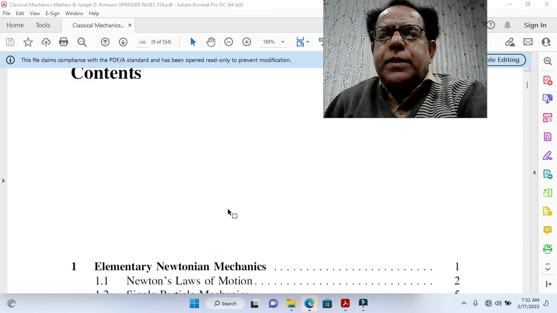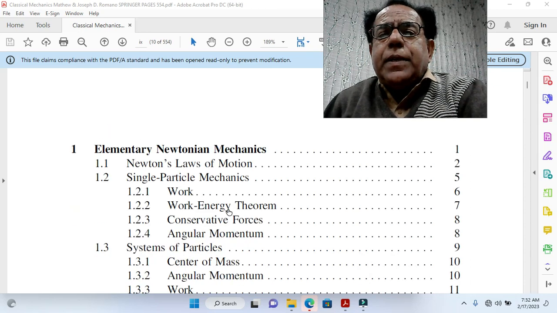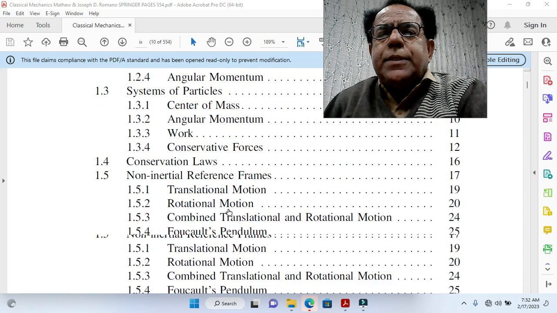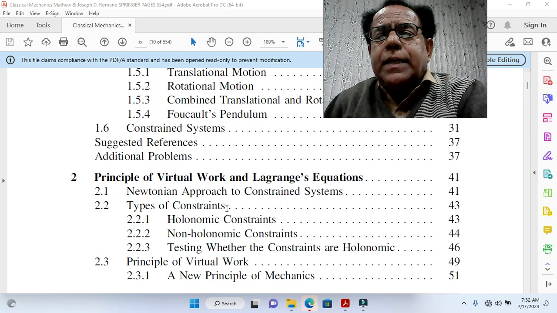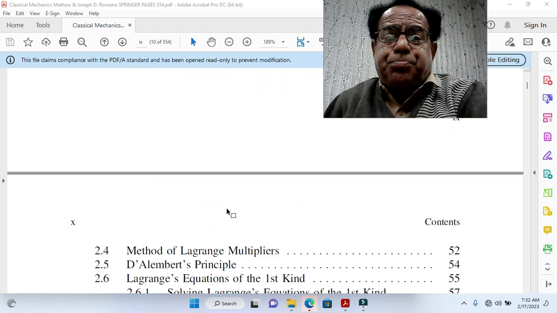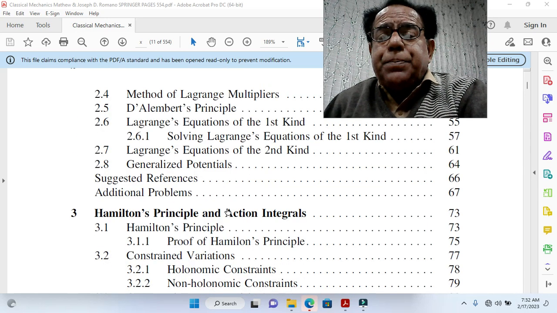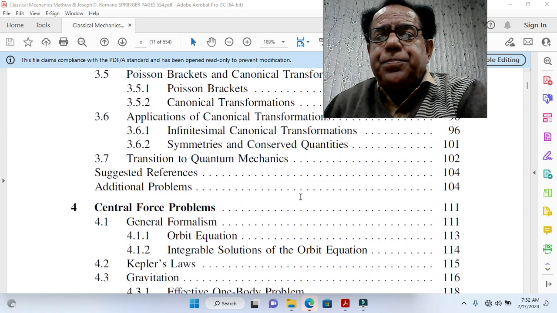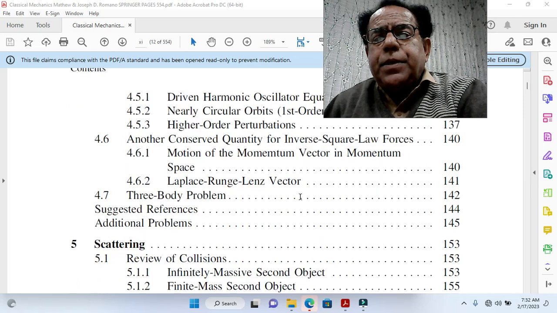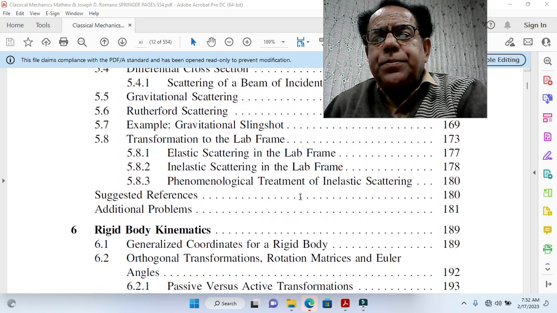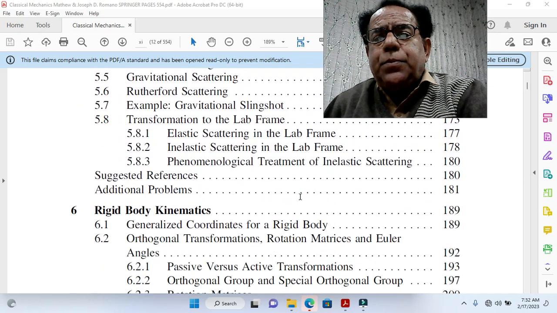Now we are moving towards the contents of this book. Chapter 1, Elementary Newtonian Mechanics. Chapter 2, Principle of Virtual Work and Lagrange's Equations. Chapter 3 is Hamilton's Principle and Action Integrals. Central Force Problems. Chapter 5 is Scattering. Chapter 6 is Rigid Body Kinematics.